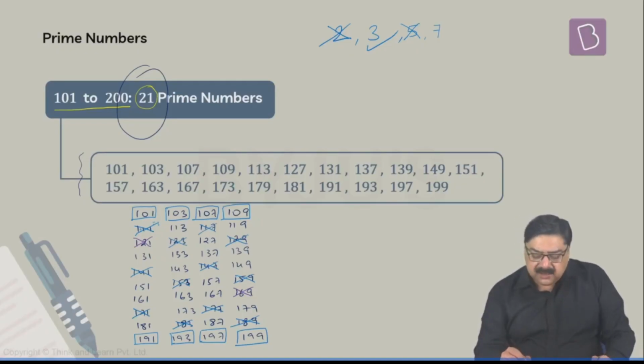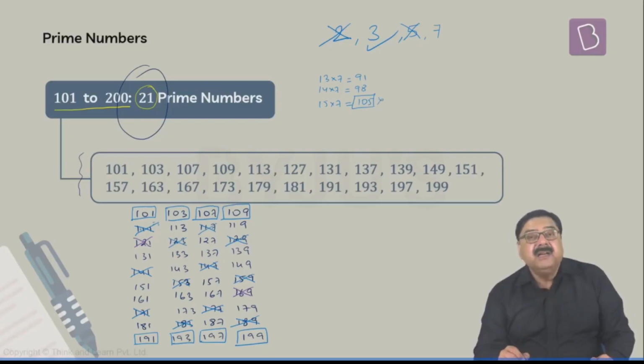Now, just now I discussed with you that 13 into 7 is 91, which means 14 into 7 will be 98, which means 15 into 7 is 105. So 105 is the first number in the hundreds which is divisible by 7.